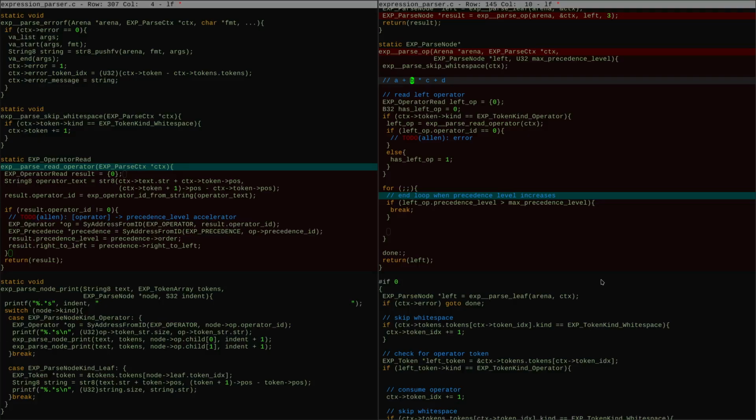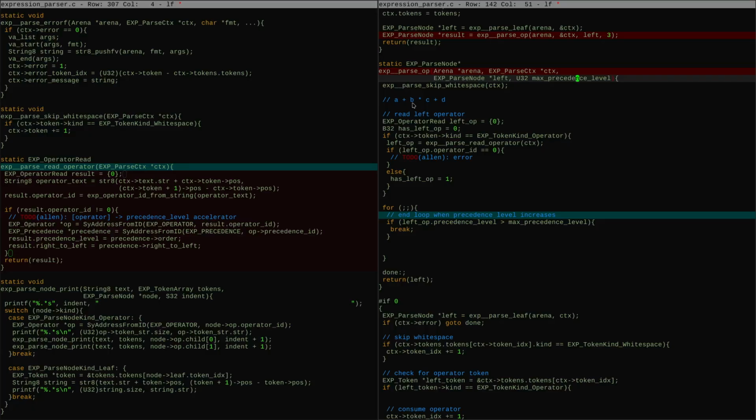A is not going to have a higher precedence. Plus is going to be at level 2. This will be at level 3. So this will not be an increase in the level. And because it's not an increase, it's going to want to keep the plus and work with it.